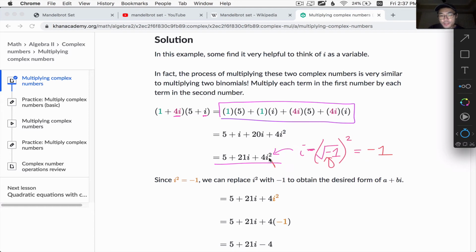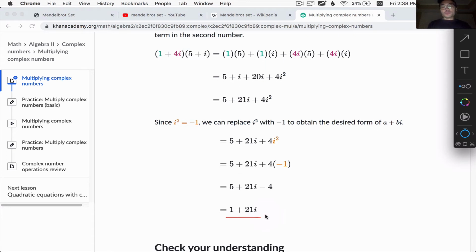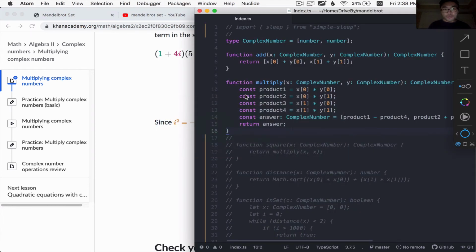So whenever you see the square of i, you get -1. And that's pretty cool, which just means you can get rid of this term and you flip the sign of this guy, and then you can actually combine with the other real part of this. So you get at the end that. And that is how you do multiplication in imaginary numbers.